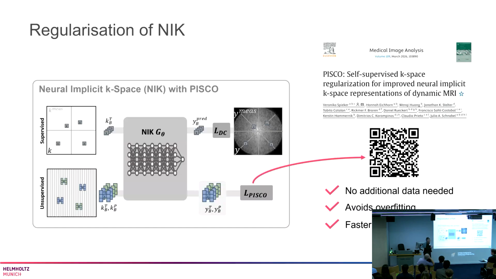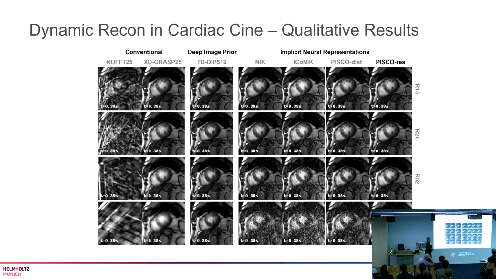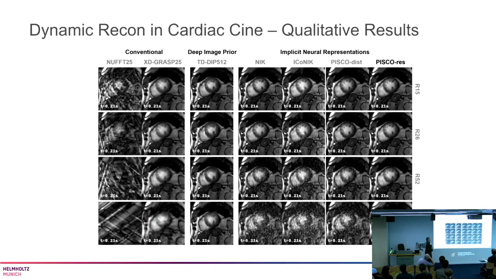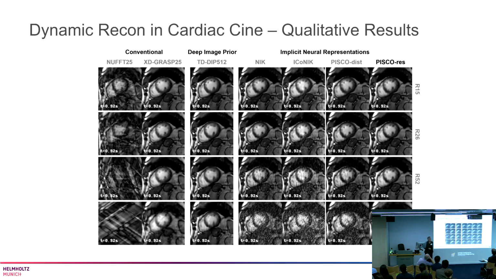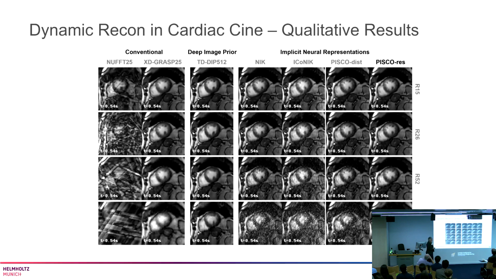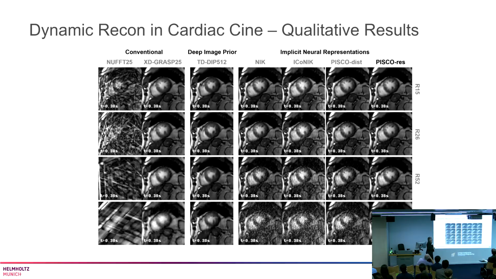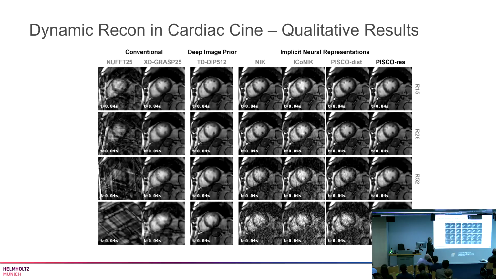Yeah? So this was just delving a bit deeper into NIK and asking, how can we regularize? And we all know regularization, as long as it's done with care, is the thing we have to do. Here are some examples. This is cardiac imaging, where you see the non-uniform FFT, the XT-GRASP, the deep image prior, which we extended to 512 from 128, the standard NIK, one early version of it, and then two different versions of PISCO.